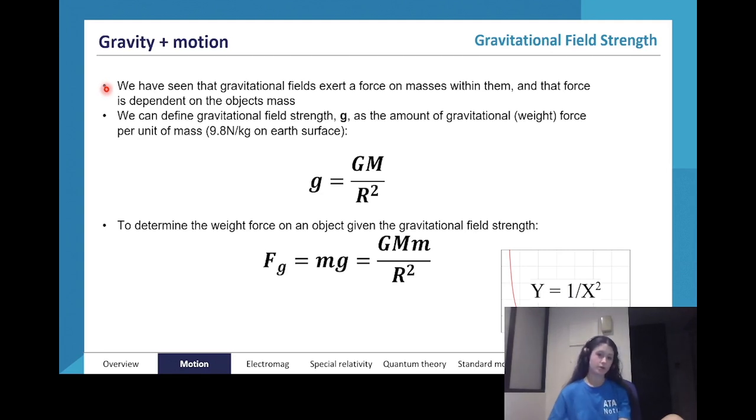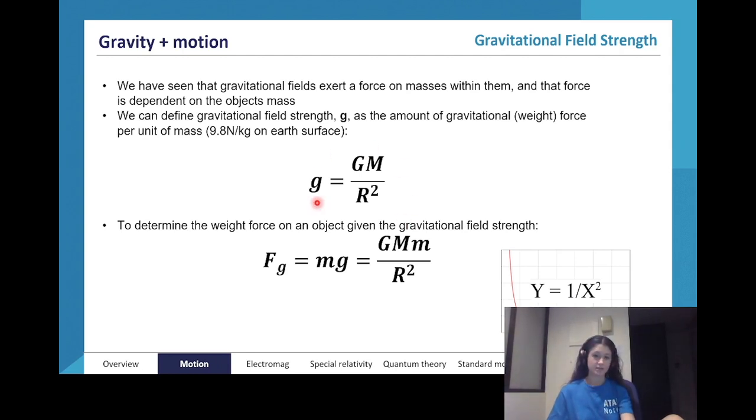On Earth, our g is 9.8 newtons per kilogram. However, of course, the gravitational field strength is going to be different in different areas. The gravitational field strength on the moon is a lot less because the moon is a lot smaller, so it has a lot less gravity.